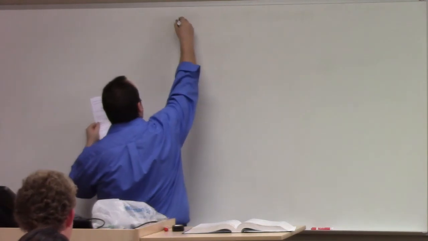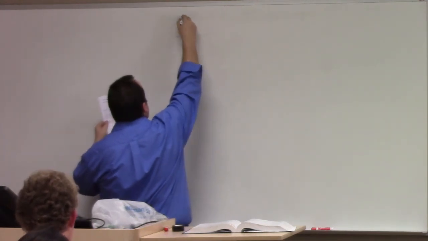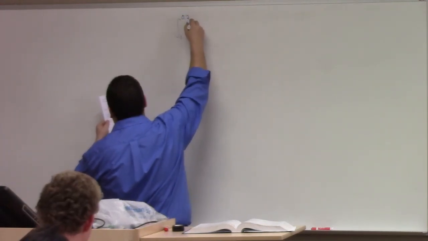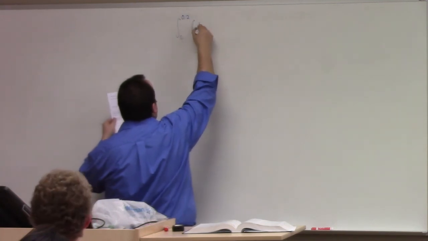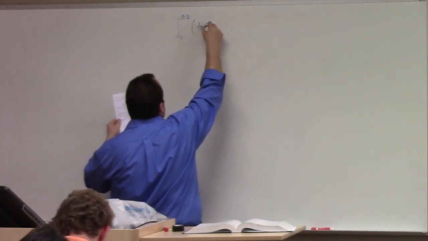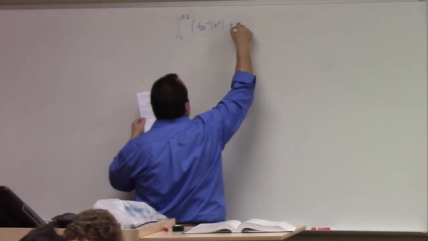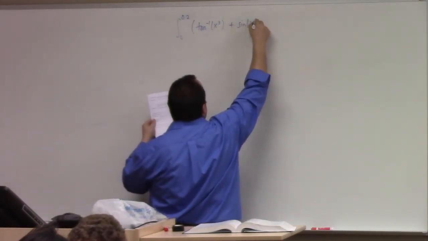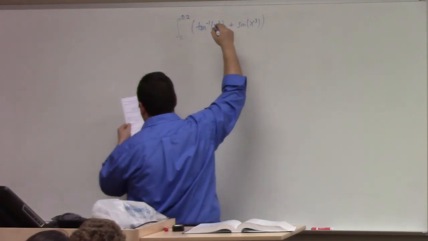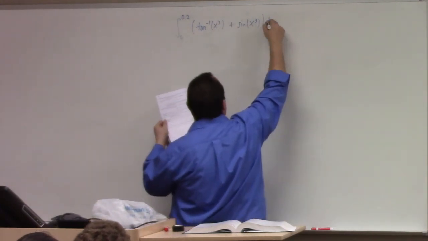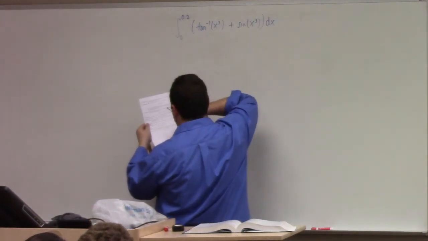Maybe so 0 to 0.2 of inverse tangent of x cubed plus the sine of x cubed dx. And what did I say?